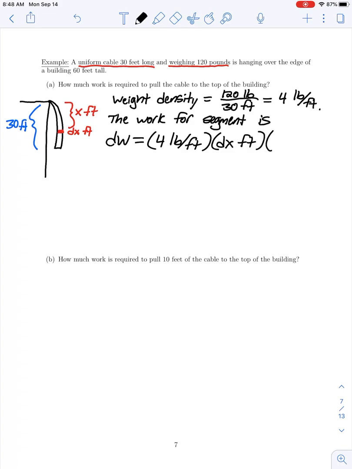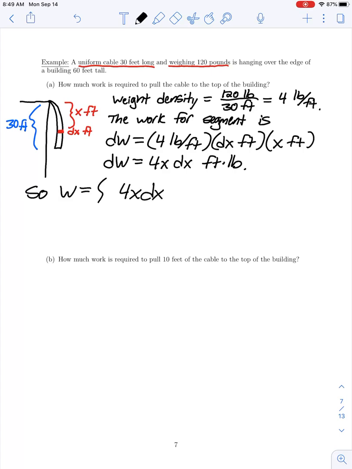And then to get work, we would multiply by the distance this segment has to travel to get to the top of the building, which would be x feet. So our differential of work for this little section is 4x dx foot-pounds. So to get the total work needed to lift all 30 feet of this cable to the top of the building, I would integrate this 4x dx foot-pounds from x equals 0 up to 30.